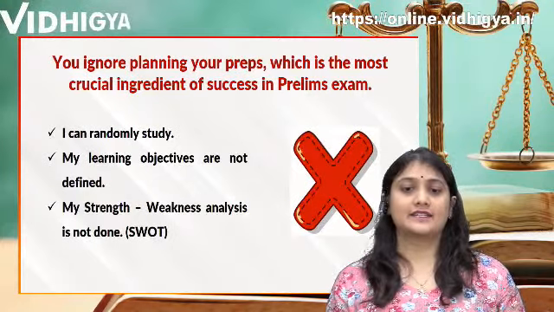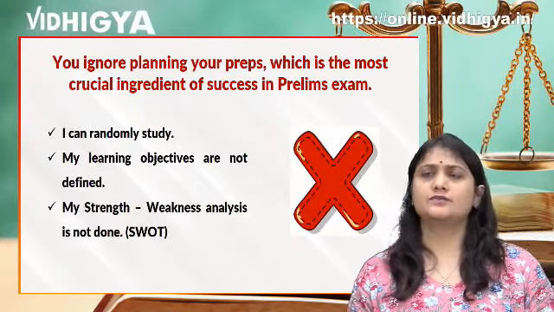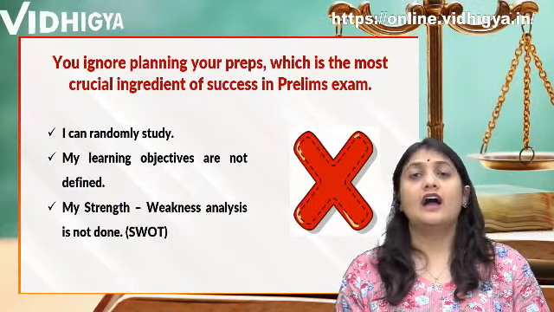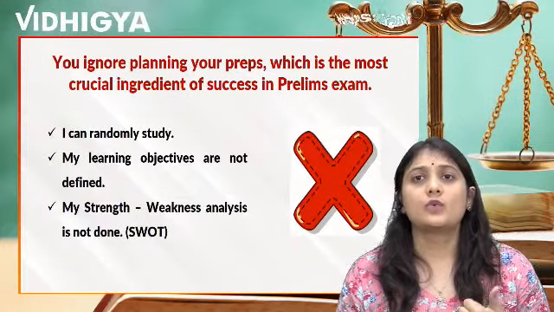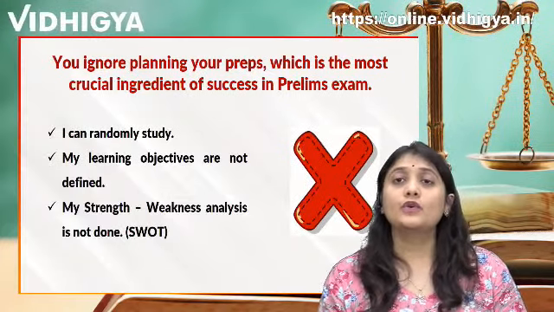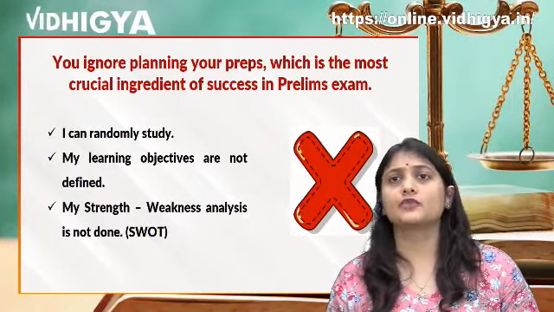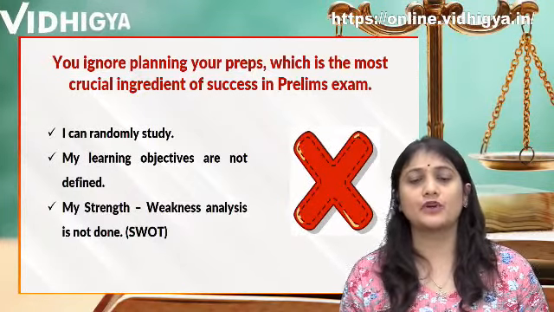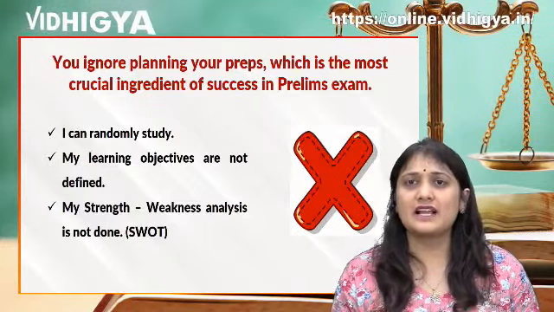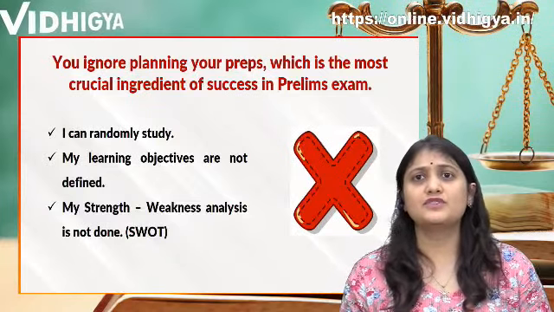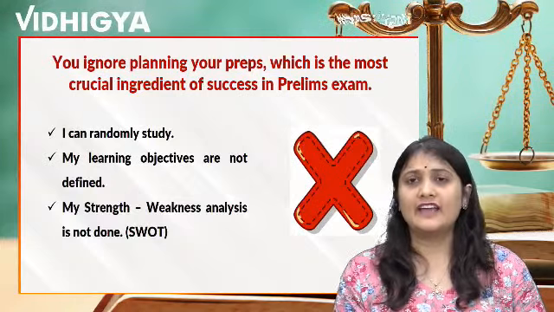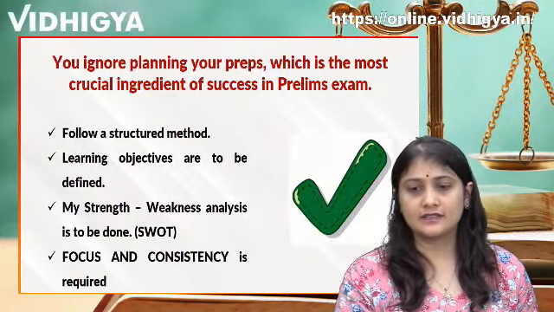Oh, I can study randomly. My learning objectives are never defined, and you don't do your SWOT analysis. You don't know what are your strengths, your weaknesses, what are the opportunities in front of you, what are the threats that are coming to you. So you need to analyze yourself along with the topics, the subjects, what is coming in the exam. Everything has to be balanced.